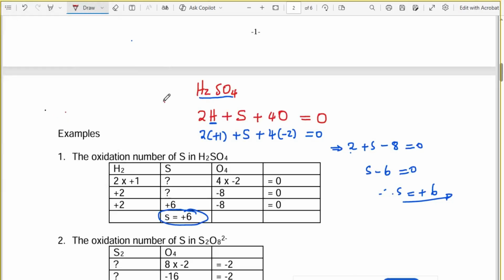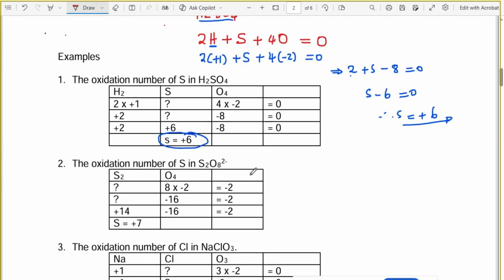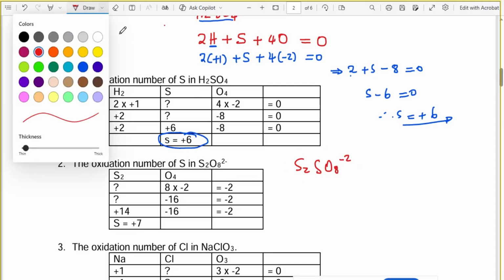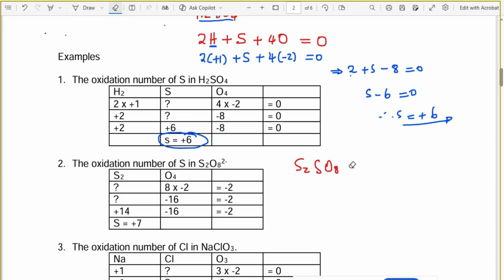Let's say we need to find the oxidation number of sulfur in S2SO8 minus 2. Look at this. This compound is an ion. Why? Because of the 2 minus. So remember, we said that we have 2 of sulfur.